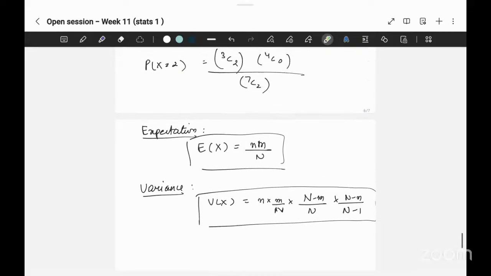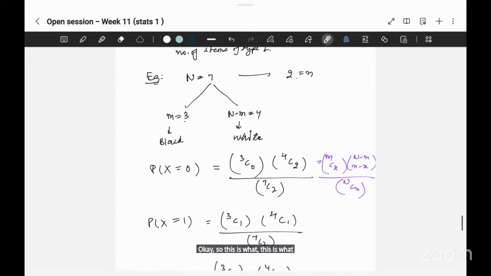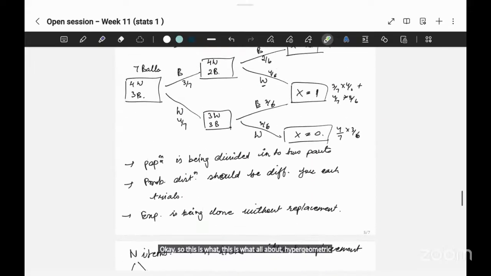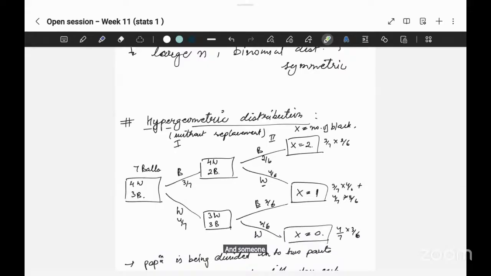So this is what the hypergeometric distribution is all about. Is hypergeometric clear? Someone asked for the tree structure. Someone wrote in the chat, could you please show the hypergeometric tree structure?